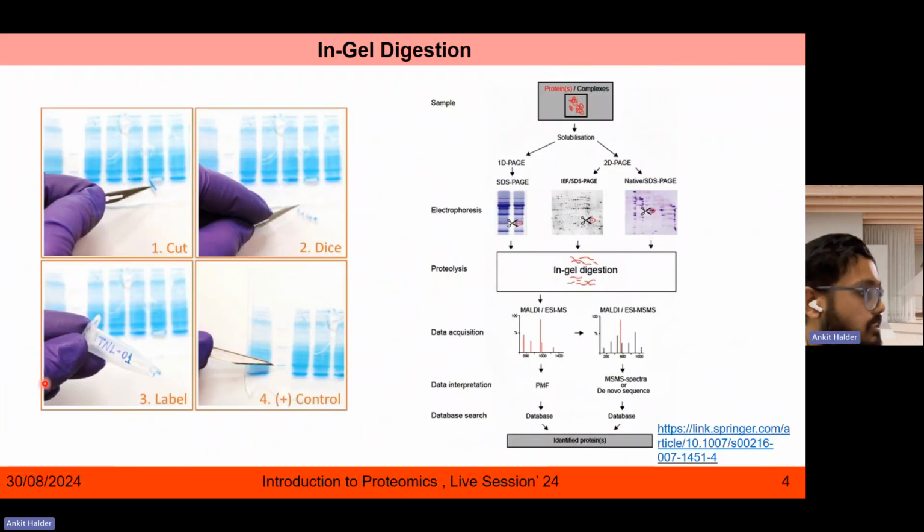So how it's done: here it is very important to see this particular cell. I think all of you can see this is the particular cell band.